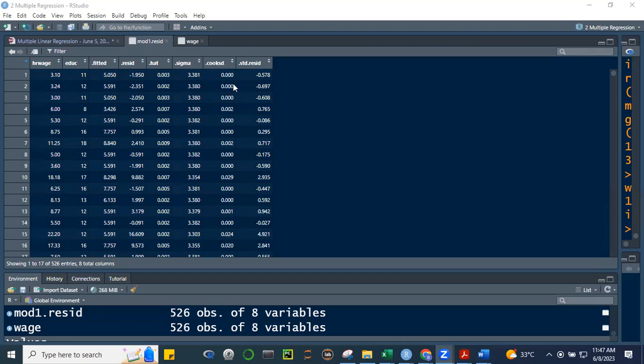Kung masyado mataas yung Cook's distance, ibig sabihin nun, the presence of that data point is affecting your model. So kung tanggalin natin yung data point na yun, magbabago yung regression model natin. Okay, but I just wanted to show this to you para malaman natin na may mga tools that we can use for model diagnostics in the future.